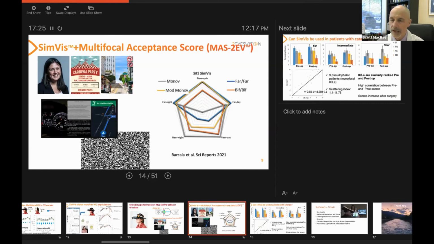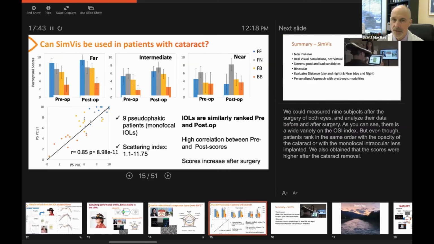And you compare that to a modified monovision shown in the gold, where the stereopsis is improved as a result of the modified monovision. And you can actually measure visual performance using this with this SimVis system.